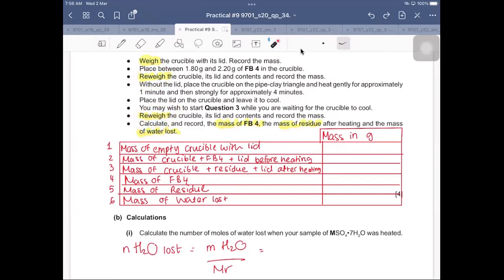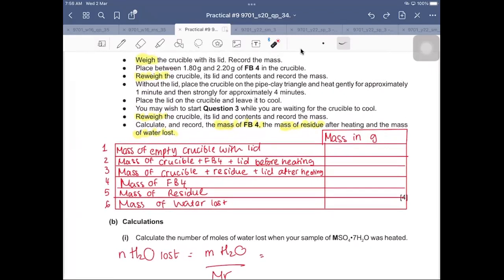So in our table, we've got the mass of empty crucible with lid, which is before you add the solid. Mass of crucible plus FP4 plus lid before heating. Then mass of crucible plus residue plus lid after heating.